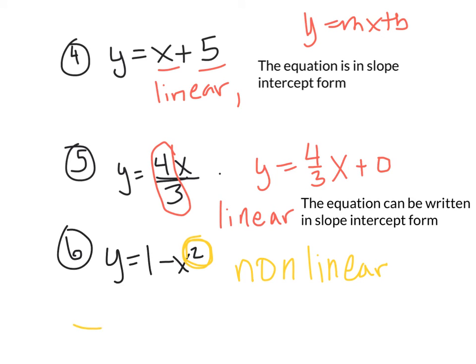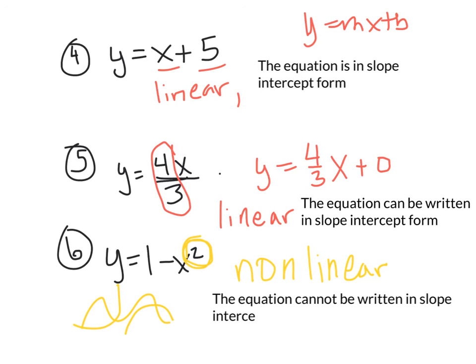Because your graph's going to go like this, or like this, or like this. It's just going to be all over the place. Anytime you have an exponent, it does funky curves. So then the explanation on this one would be the equation cannot be written in slope-intercept form.